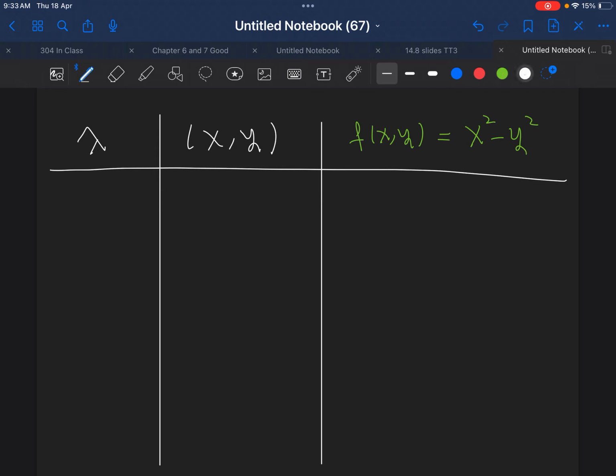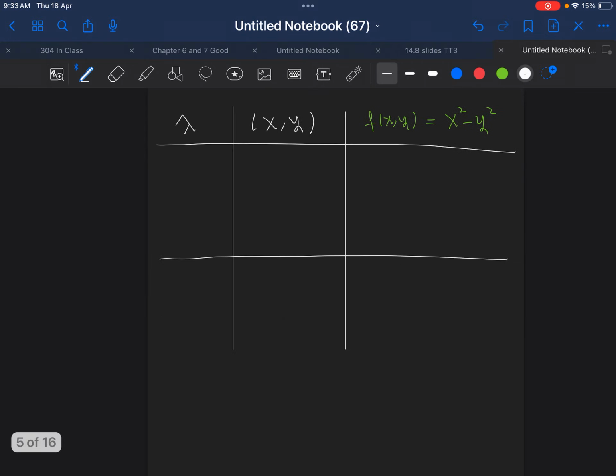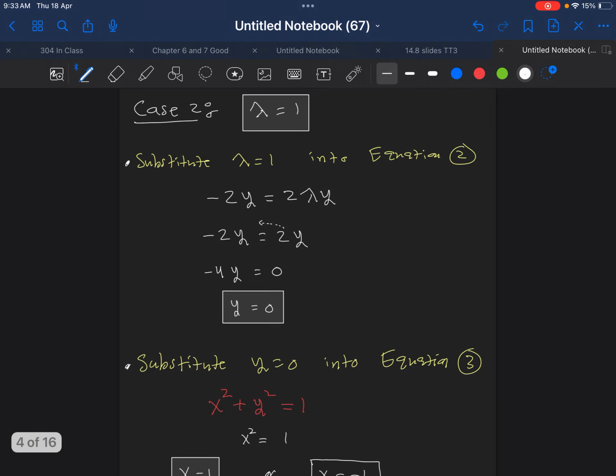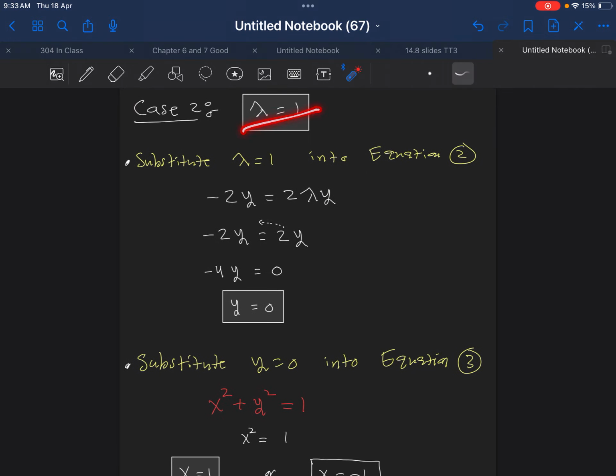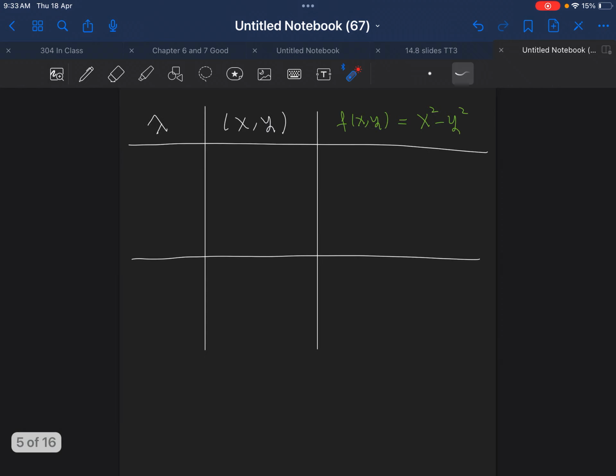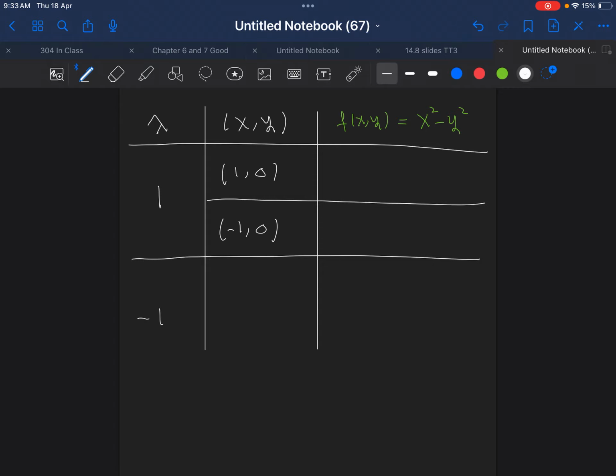Now, let me go back. We can see that we have two options for the lambda that we found in the previous slide. Either lambda equal to 1, which gives me y equal to 0, and x equal to 1 and 0, or -1 and 0.